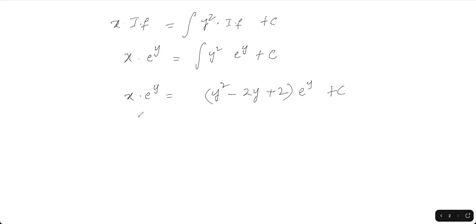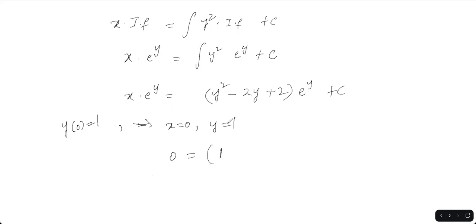Now we have been given that y(0) = 1. This means that x is equal to 0 and y will be 1. Let us substitute that. On the left hand side, if I put x = 0, this is 0.